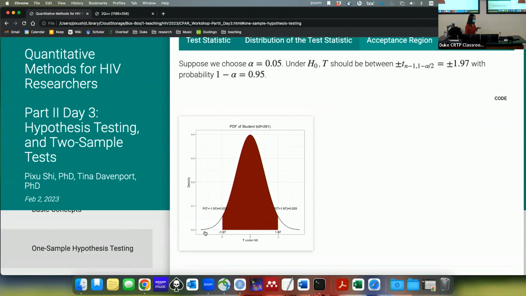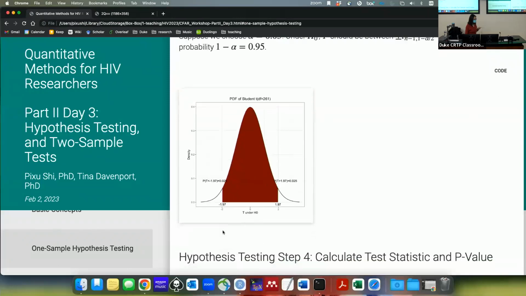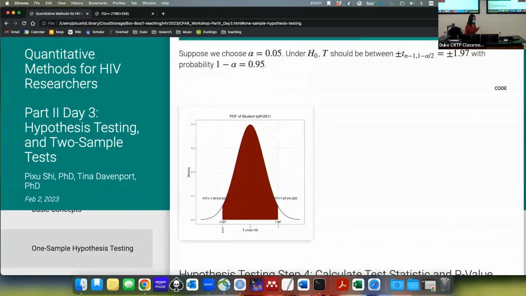Likewise, if you have a super small value, you would want to reject the null because it's a small probability event under the null. That's why between those 1.96 values, this red region is your acceptance region. It is used to compare your test statistic with.